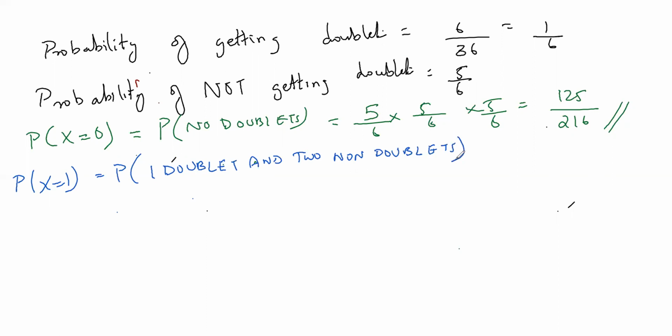So the first time when I'm throwing, I'm getting a doublet. So I'll write that down here. Getting a doublet is 1 by 6. Getting a non-doublet is what? 5 by 6 respectively. That I'll write in a different way: second and third non-doublet, so 5 by 6 respectively.